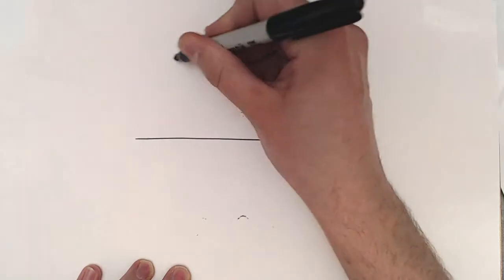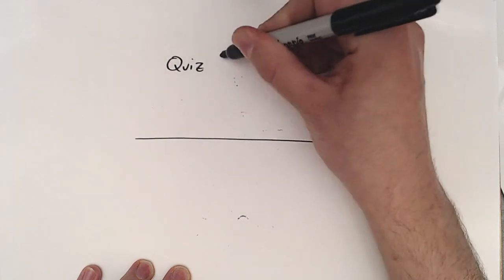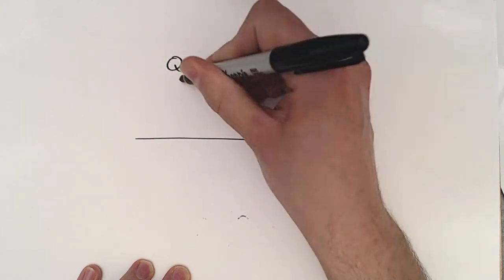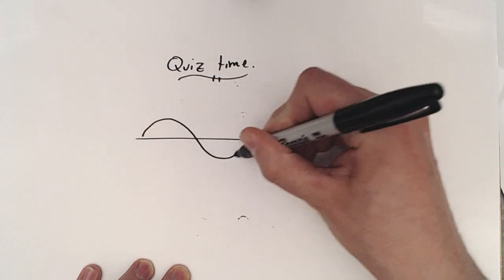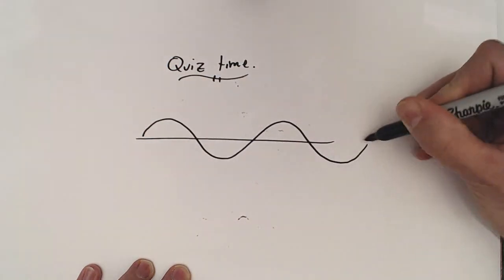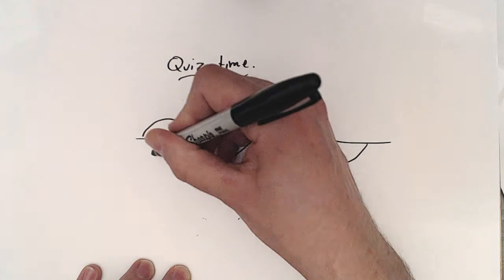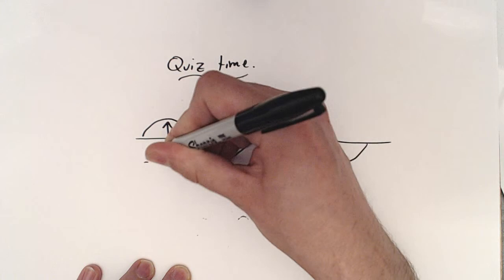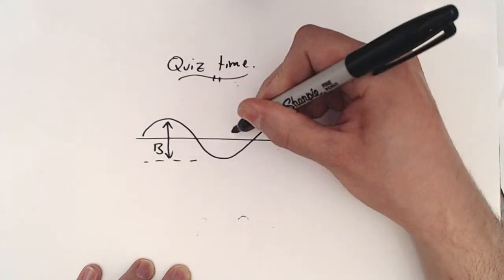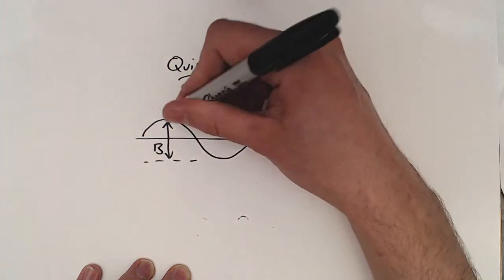All right, time for a quiz. If I've got something that looks like this, I'm going to label up a few things here. I want to label this measurement B. I want to measure from here to here.